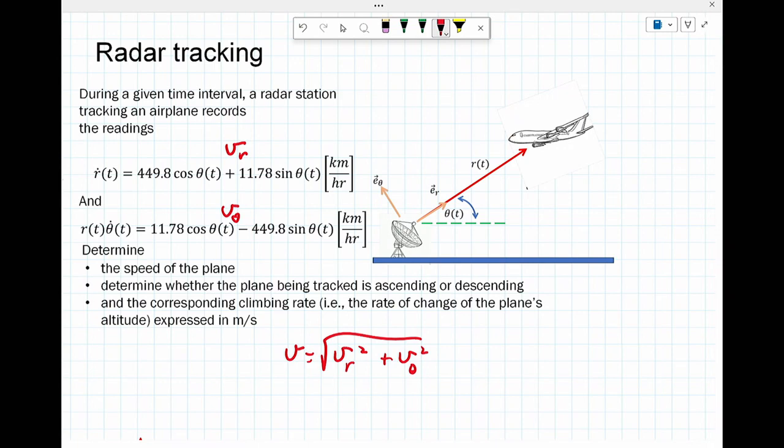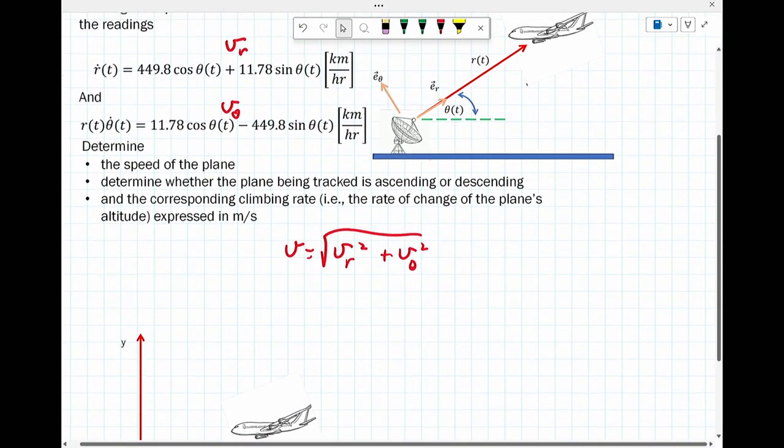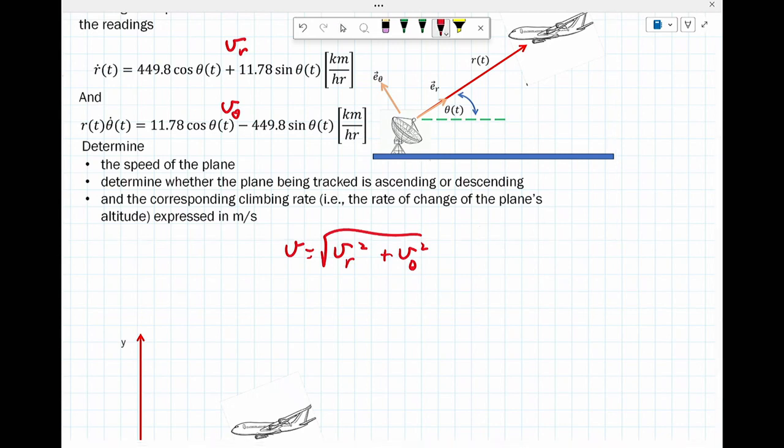So how do I want to write this? Oh, no. I'm going to write it as this.